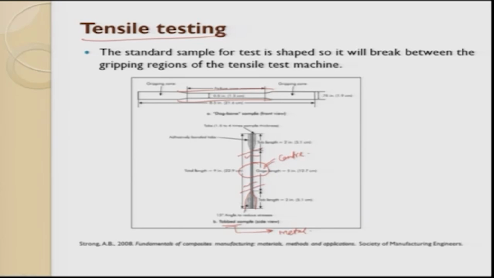Before even tabbing it, people also do a small grooving, trying to introduce some friction on top of the composite, so that the metal tabs can get adhered to it very well. So this is done, and then this is held between grips, and then we operate it at one strain rate as per the ASTM standard, and slowly start doing it.